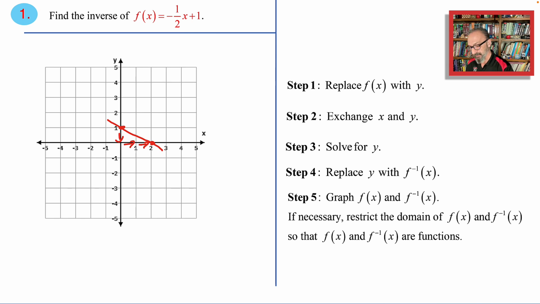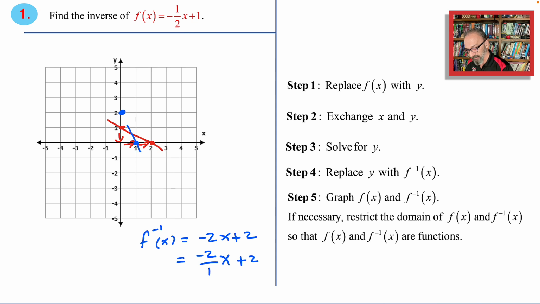That's f of x. We had f inverse of x equals negative 2x plus 2, which is negative 2 over 1 x plus 2. The y-intercept is 2, and the slope is negative 2 over 1. So we're going to go down 2 over 1 and connect them.